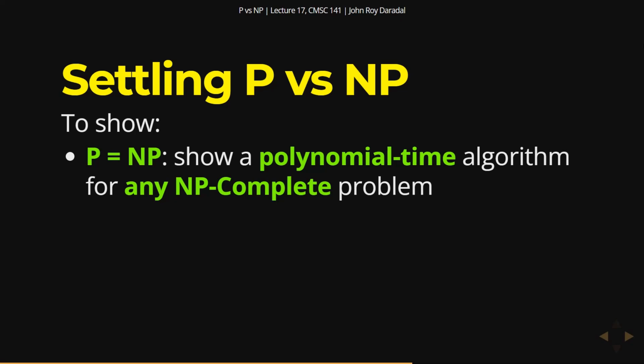You need to show just one polynomial time algorithm for any NP-complete problem, and you can already show that P is equal to NP, because by solving one NP-complete problem, which is among the hardest NP problems, in polynomial time, that means that all NP problems can now be solved in polynomial time, right?